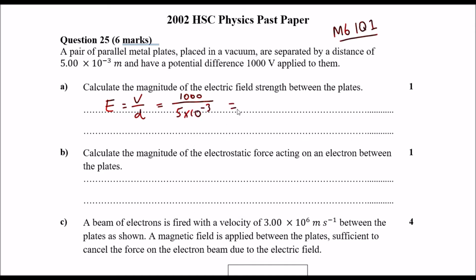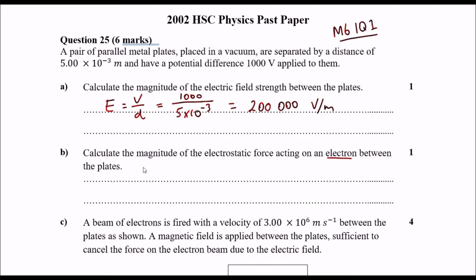So if we put that into a calculator, let's have a look at what we get. So it gives you about 200,000 volts per meter. Well, at least that's our electric field strength there. It says calculate the magnitude of the electrostatic force acting on an electron between the plates.